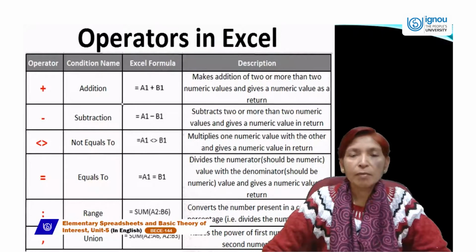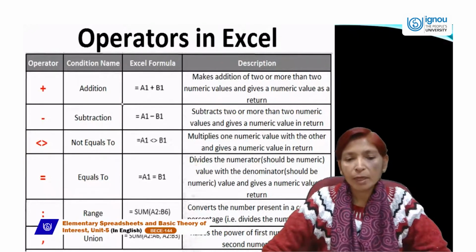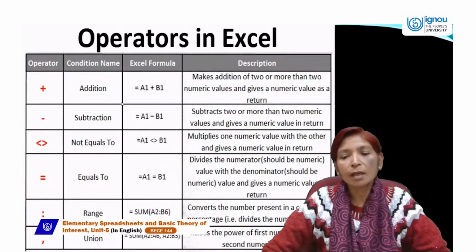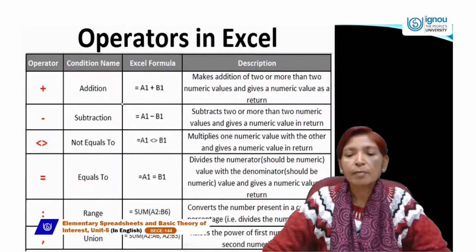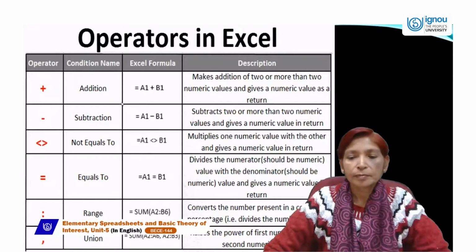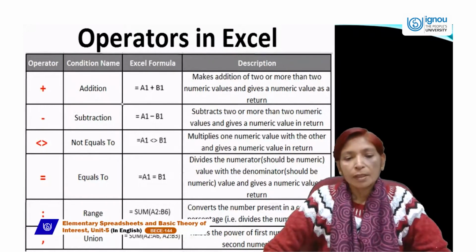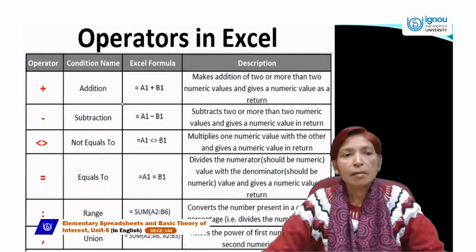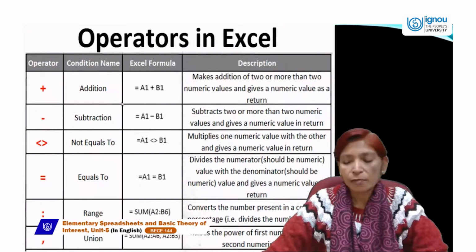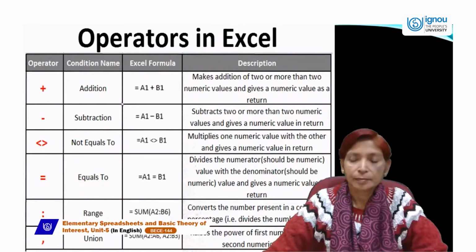And it can be written in this form, like summation of A2 in this column, A2 raised to B6. Percent converts the number present in a cell into a percentage by dividing by 100. Next is union. The exponent raises the power of the first numeric value by the second numeric value. These are some operators which we can use in Excel.